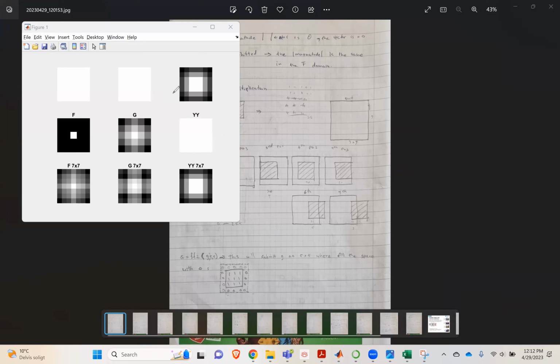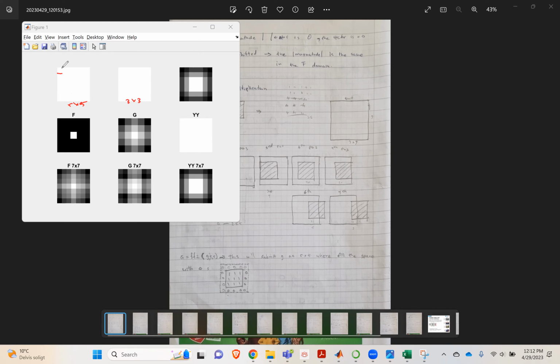Previously, when you apply this filter, it's not 49 exactly. It's wrong actually, I made a mistake previously. The original image was 5 by 5, and the filter is 3 by 3.